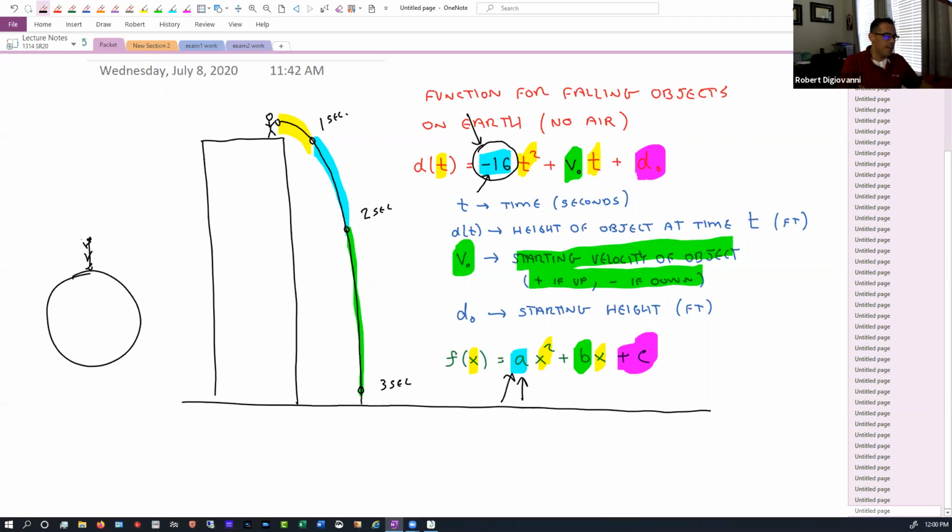The one thing I wouldn't be able to tell you right away is what that number out front is, -16. Now we can figure it out. It's actually not that hard to do. But for Earth, it's -16, but for other planets, it would be something else. So, okay, I think we're ready for an example.